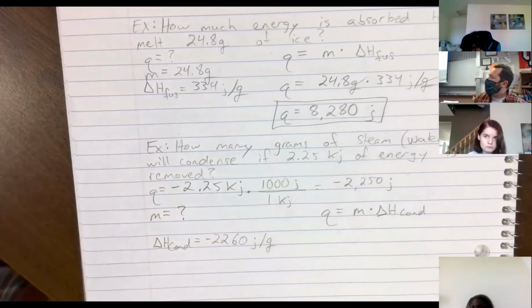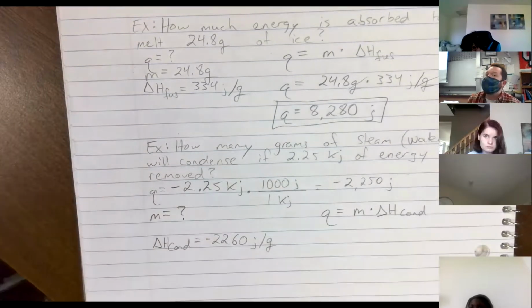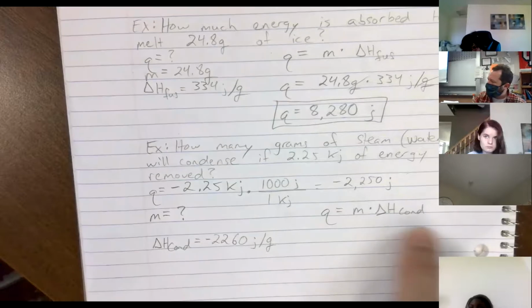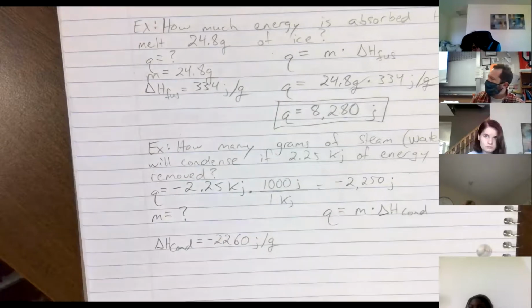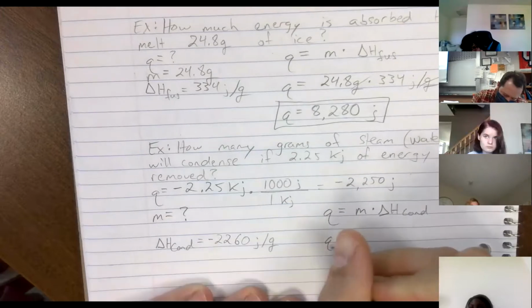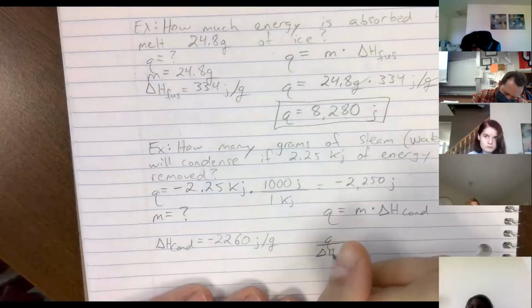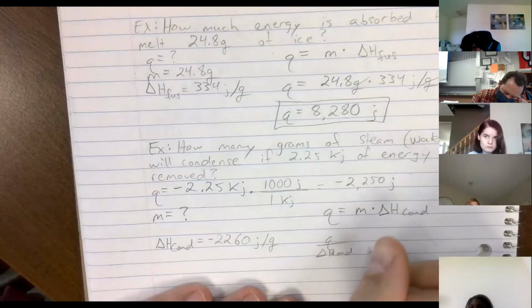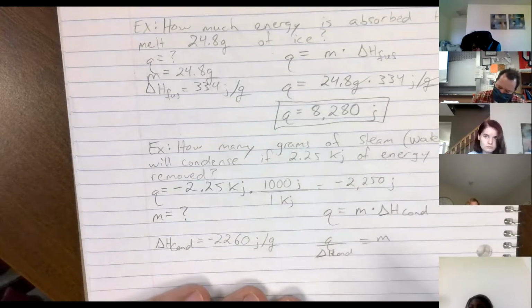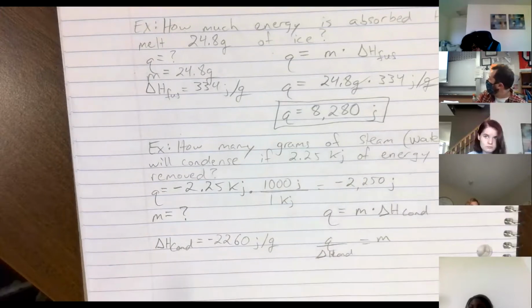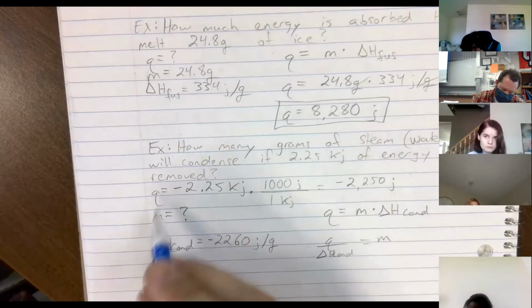My formula, pretty much the only one we've learned so far: energy is equal to mass times the enthalpy. We need to get mass on the side by itself. It's not isolated, but that's not really that difficult, right? We just have to do the opposite of times delta H condensation. We want to divide both sides by delta H condensation. So Q divided by delta H condensation is going to be my math. Now I'm ready to plug in my variables.